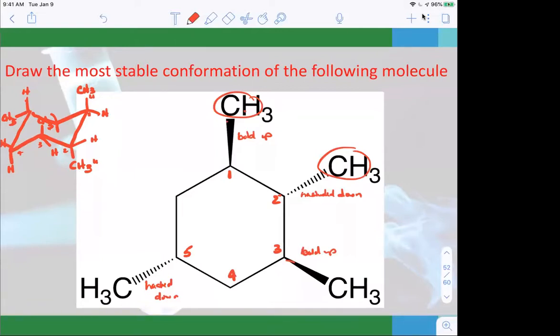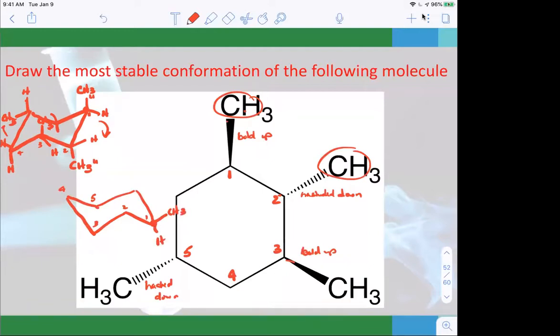So the ring structure that I get when I draw the other is going to look like this. And then this carbon and this carbon is the same. So this is going to be carbon 1, carbon 2, carbon 3, carbon 4, carbon 5. So that axial is going to come up.